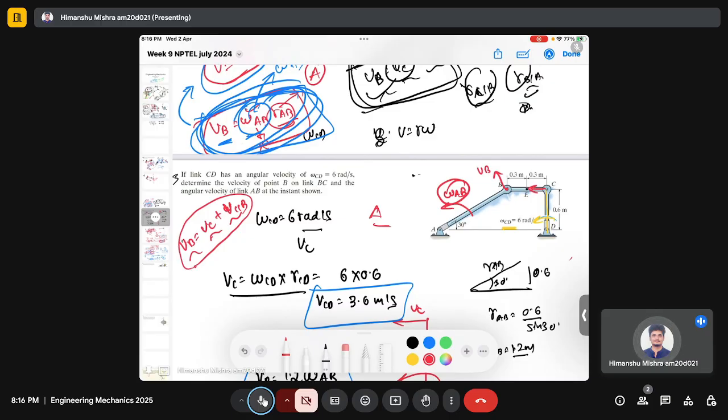But to use it, you need to first calculate VC with respect to B, which is omega CB cross product with RC with respect to B. At this position you can find RCB because it is 0.6 meter. But you don't know omega CB, and also you don't know VB.